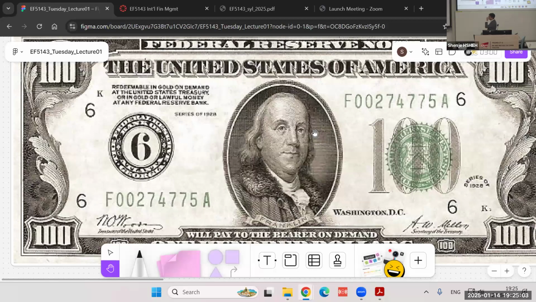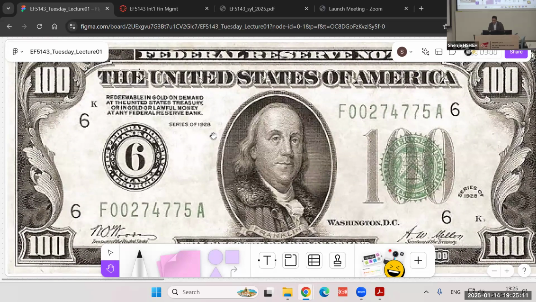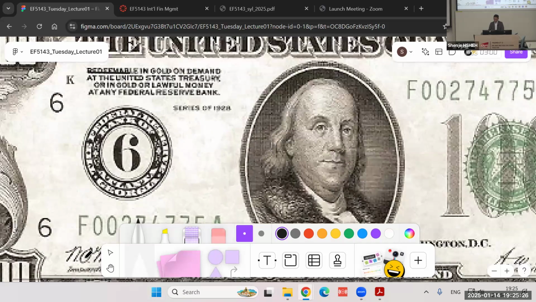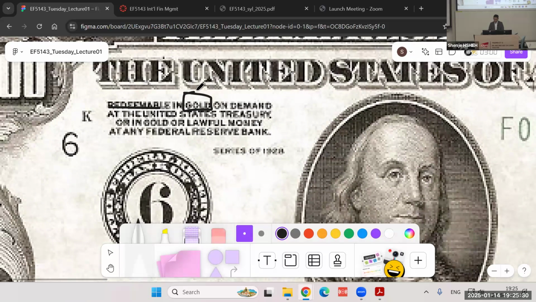So if you look at old money, this is an old $100 bill that was issued, I think it's hard to read, I think this is 1928, so a long time ago. But in the text, you can see that it's redeemable in gold on demand, right? I know it's a little pixelated, but this word says gold, all right?